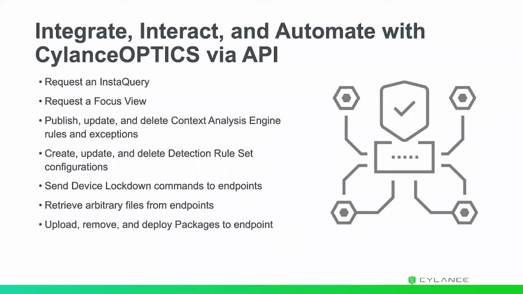Works really, really nicely to see what feeds and what indicators are across your environment in an automated fashion. And then, of course, you can continue to build out workflows from there.